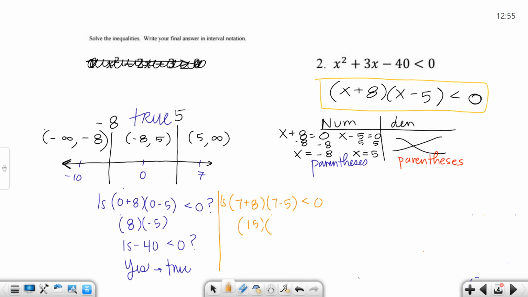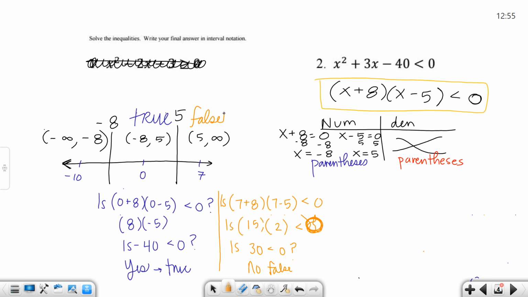So is 30 less than 0? My answer to that is no. So that means that part is false.